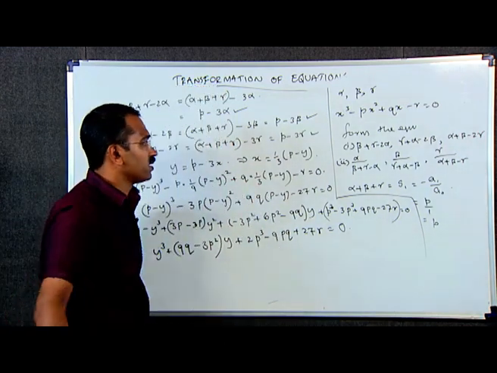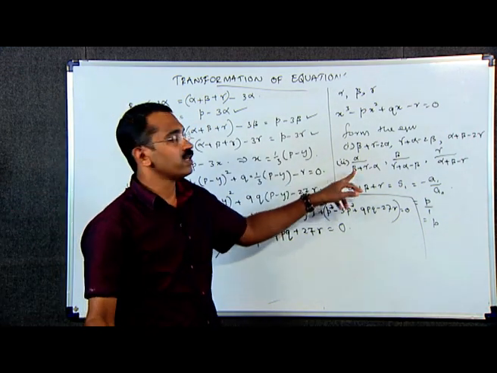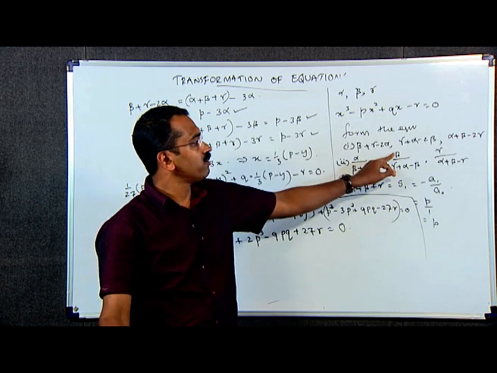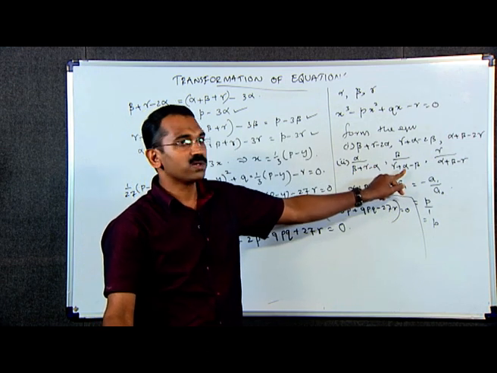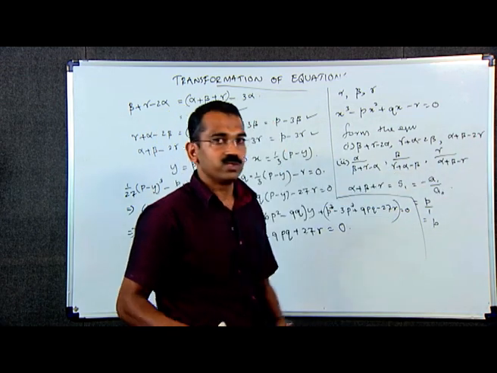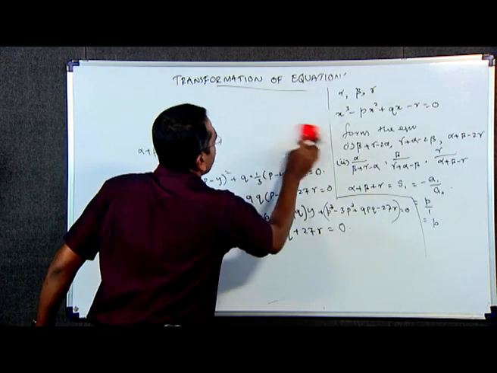Now, consider the second case. We want to form the equation whose roots are alpha by beta plus gamma minus alpha, beta by gamma plus alpha minus beta and gamma by alpha plus beta minus gamma. Consider the first one.